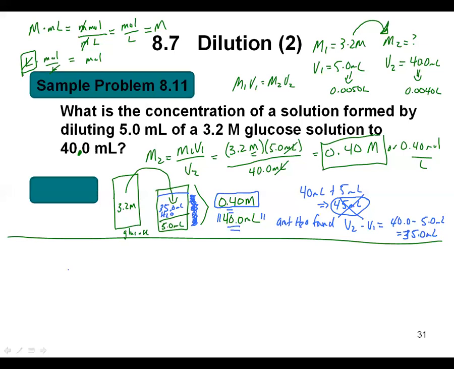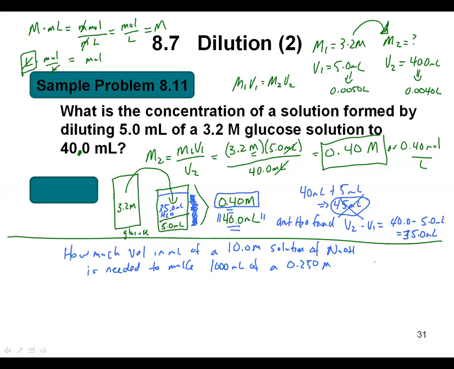So why don't we try one more here? How much volume in milliliters of a 10 molar solution of sodium hydroxide is needed to make 1,000 milliliters of a 0.25 molar sodium hydroxide solution?